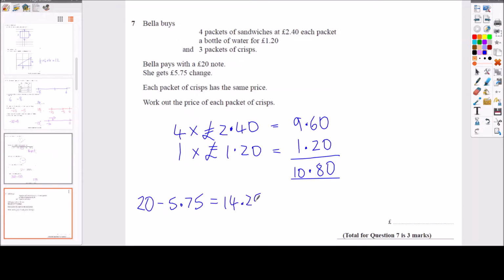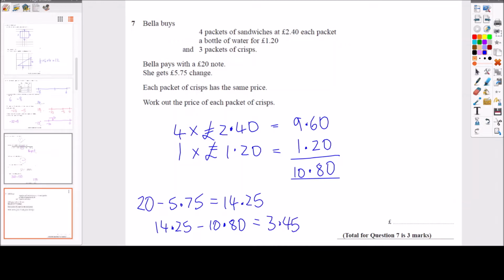So she spent £14.25 in total. £10.80 was on the sandwiches and the water, the rest was on the crisps. So how much was spent on the crisps is going to be the £14.25 take away the £10.80. That's what was spent on the 3 packets of crisps. That's £3.45.